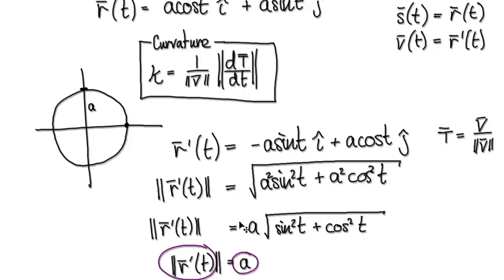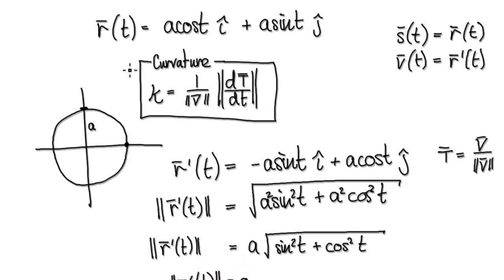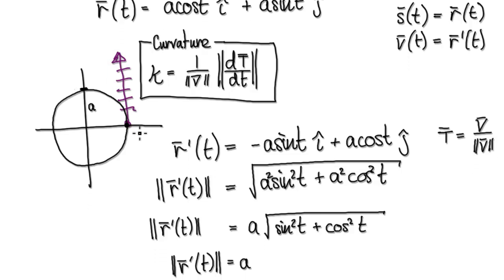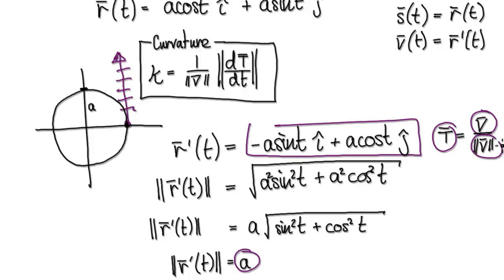So let's start again. We started out with our position vector, differentiate it. That will give us our tangent, but then we need to divide it by the magnitude. The magnitude is given by this. So our unit tangent is given by the velocity divided by the magnitude, so this whole thing divided by A. Basically this would cancel out with this, and this would cancel out with this.